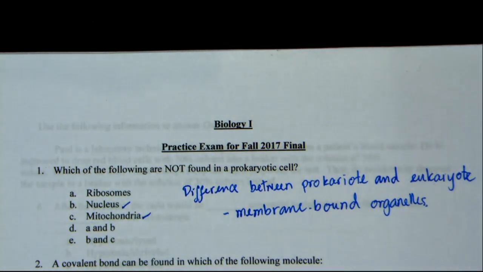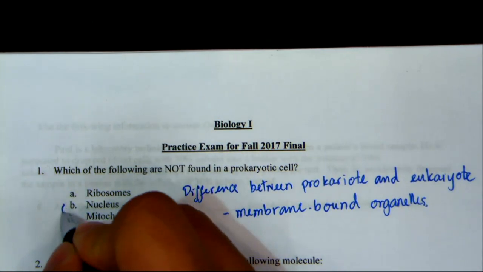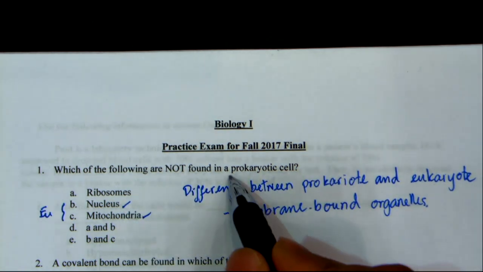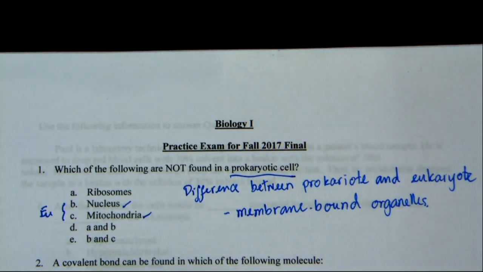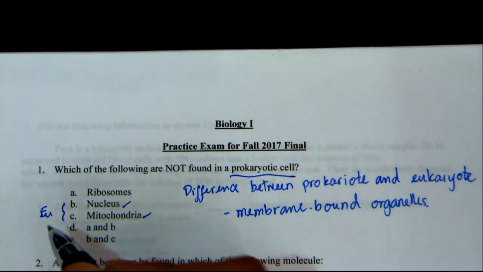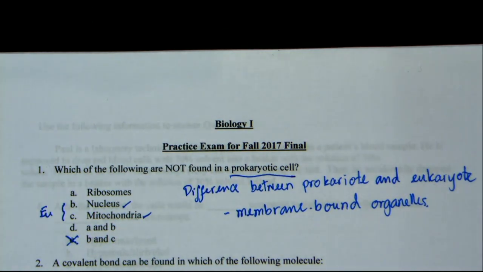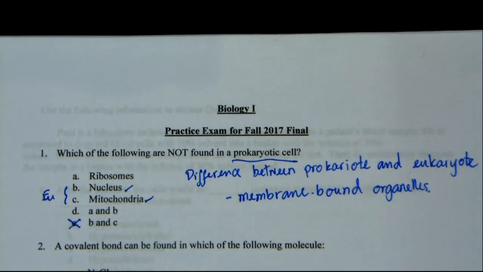So these two have membranes, so these two have to be in eukaryotes. These two cannot be found in prokaryotes, right? So the answer to this is what? B and C. Make sense? Okay, that's the first one.